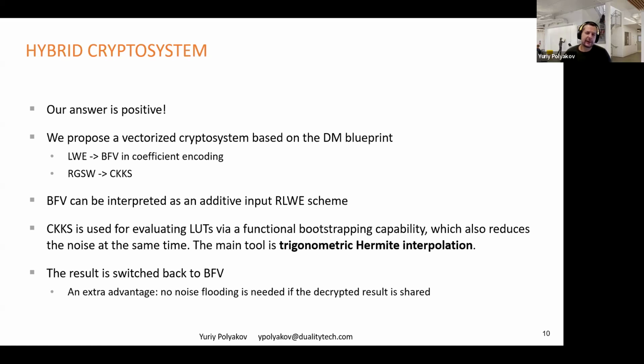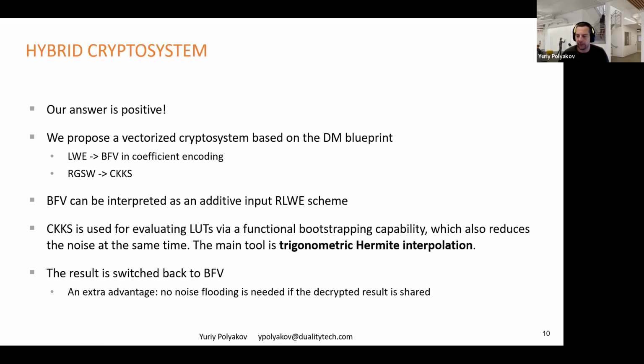The second is that the hybrid blueprint is quite useful and also significantly simplifies noise analysis. Because when we come back to BFE, our goal is to make sure that the decryption result is correct.